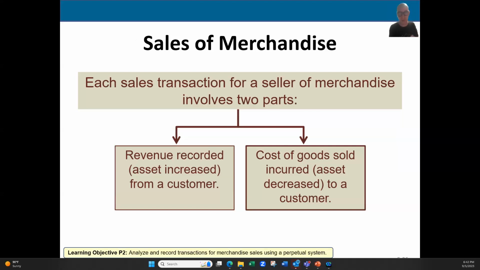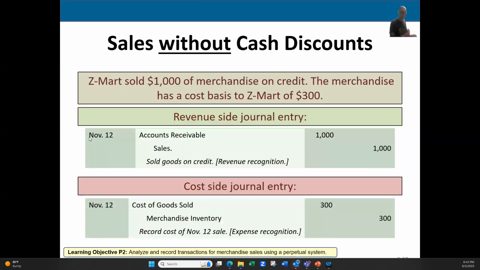And the second transaction represents the reduction of inventory. You have to take it out of inventory to sell it. The two things happen at the same exact time. First is we recognize the sale. Second is we recognize the reduction of inventory.